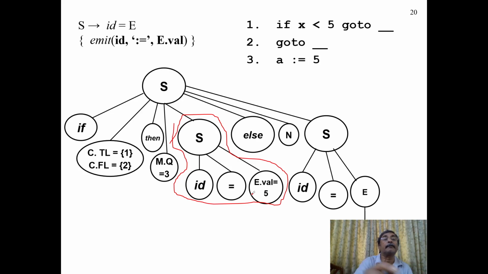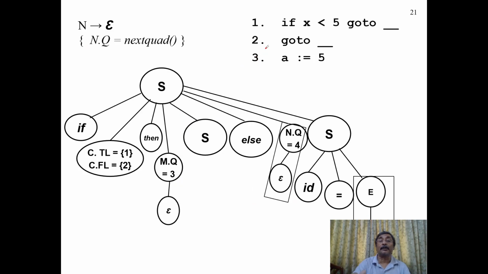Once this reduction takes place, we talked about the semantic action, we talked about the generated code, and we go to the next reduction, which is this one. How many lines have we generated? 3. How many quadruples have we generated? 3. What is the next quadruple number? 4. So N remembers 4. And after that, I go to this reduction.